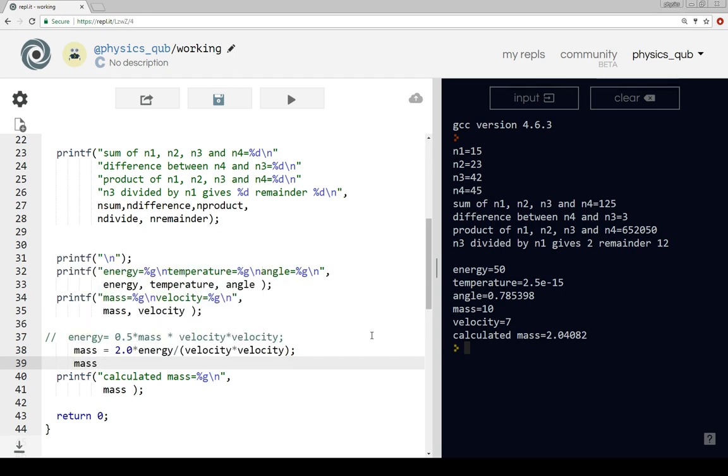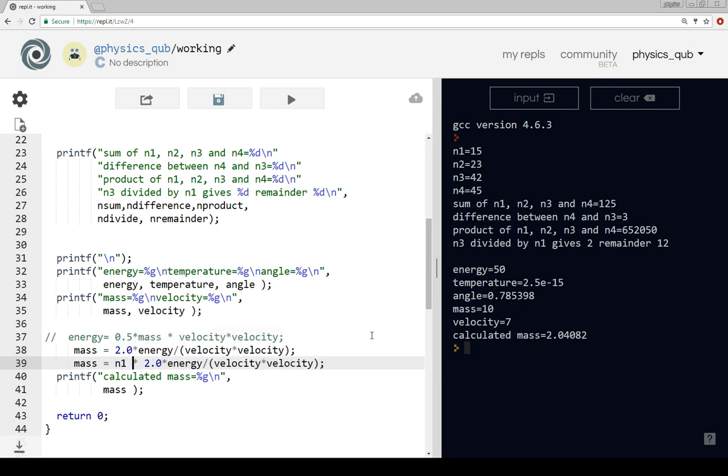So for example, say we want to have mass is equal to, let's just copy this expression. We have lots of bodies all with the same energy and velocity. Then we might want to say we've got n1 times that.